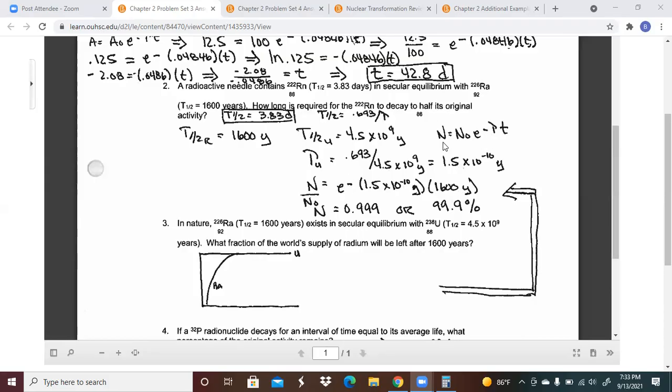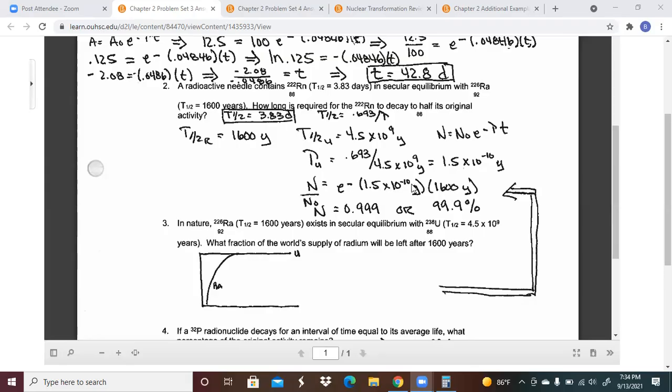What they have done here is they have taken this particular equation and they have divided both sides by N naught. And when they do that, you get the fraction of what's left. All you have to do is to crank through this particular expression.